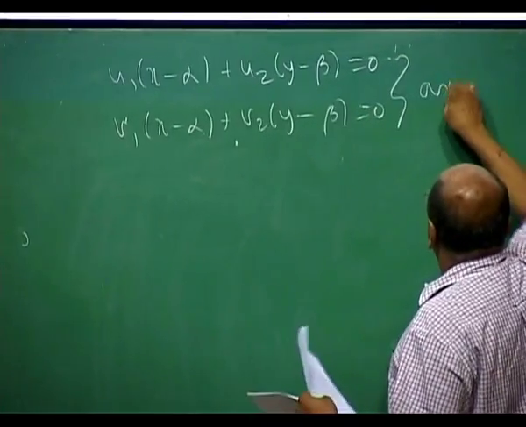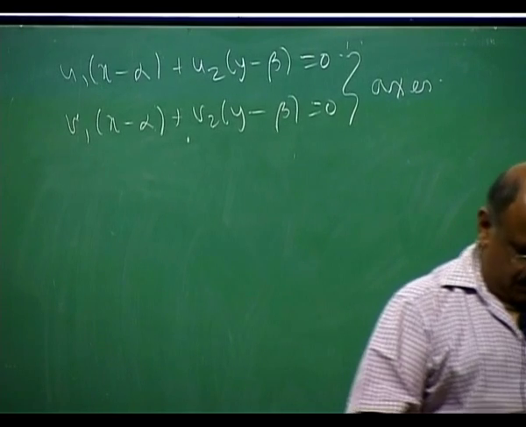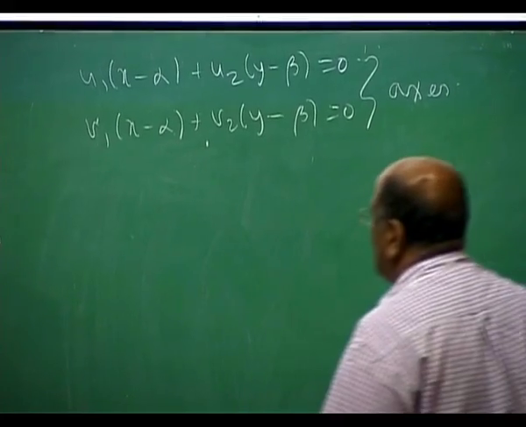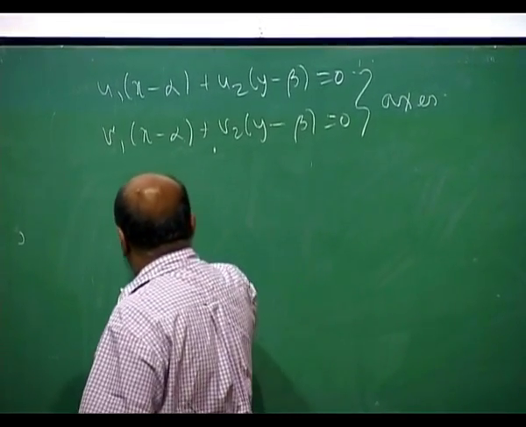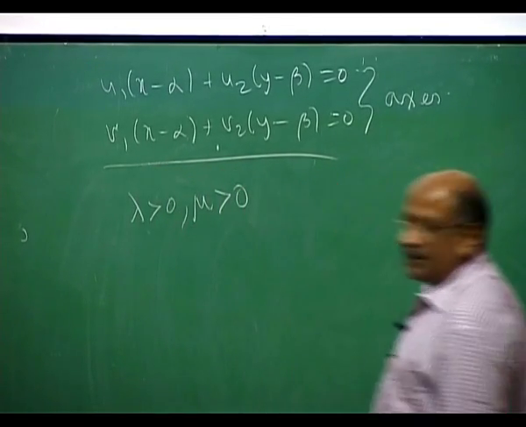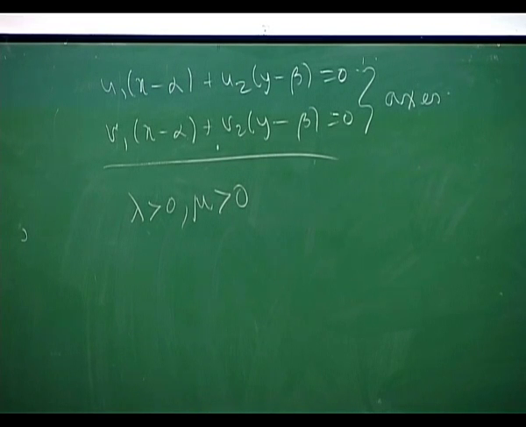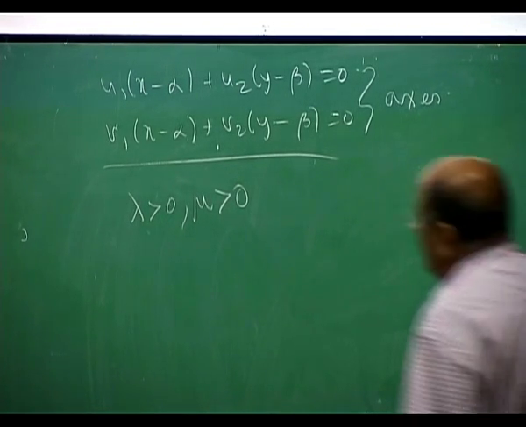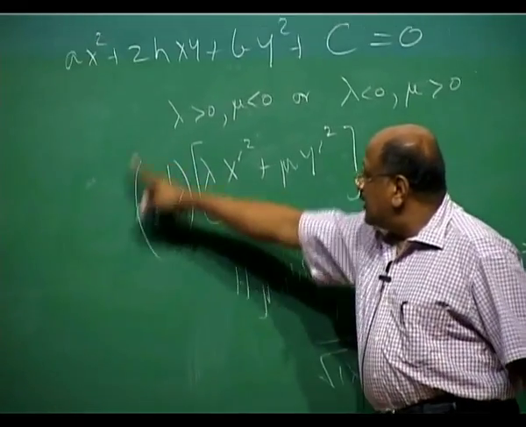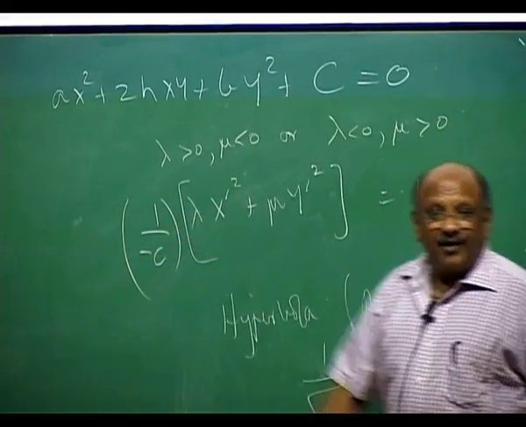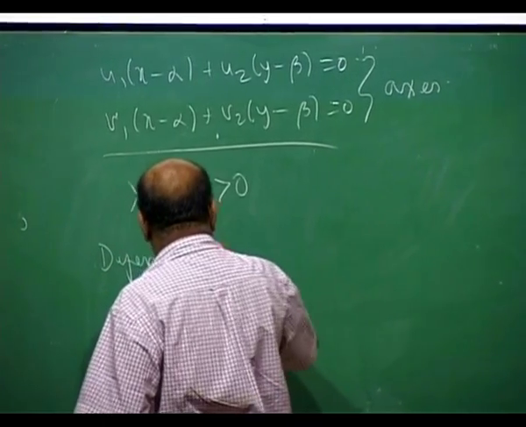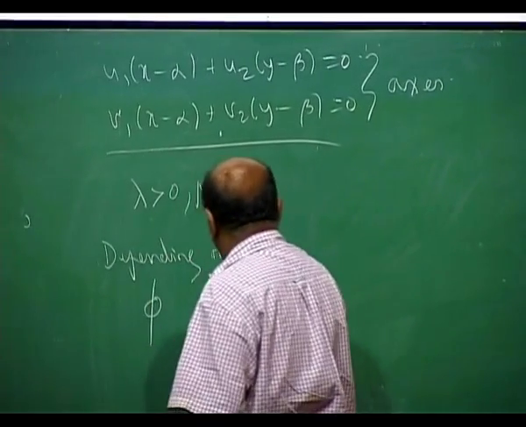So these are the axes of the hyperbola. If lambda is greater than 0 and mu is greater than 0, then both of these are positive, then it entirely depends on the C. So depending on C, we either get empty set or ellipse.